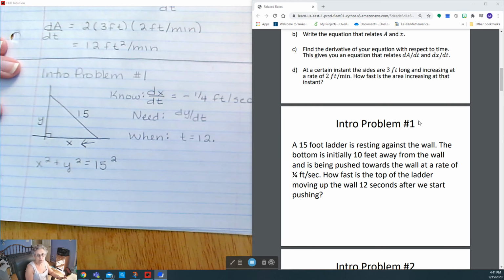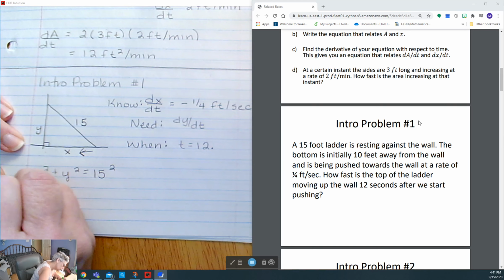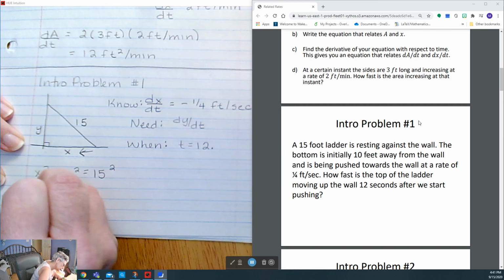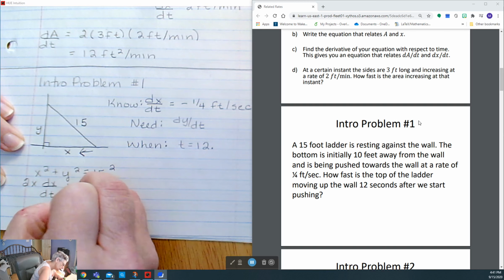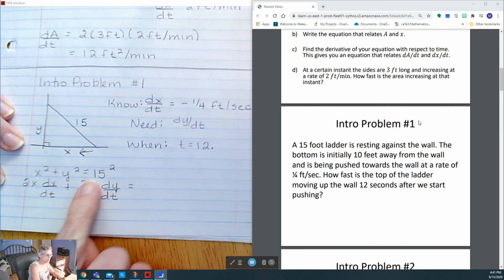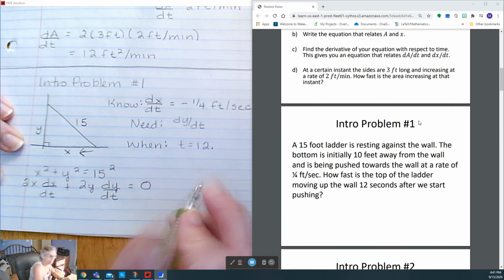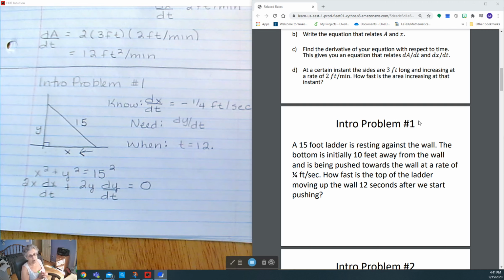Love that Pythagorean theorem. Now we are going to differentiate the Pythagorean theorem. 2x dx/dt plus 2y dy/dt is equal to the derivative of 15 squared, which is not a big fat 0.